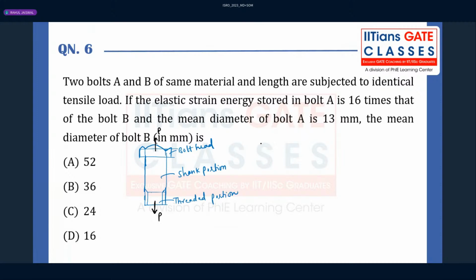They are asking what is the strain energy because of the axial load. Because of the axial load, we know that strain energy will be P squared L divided by 2AE.